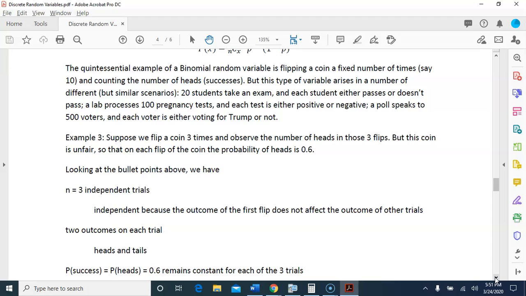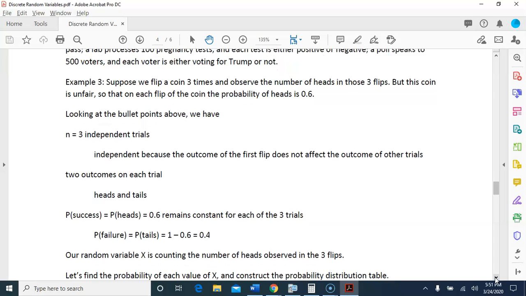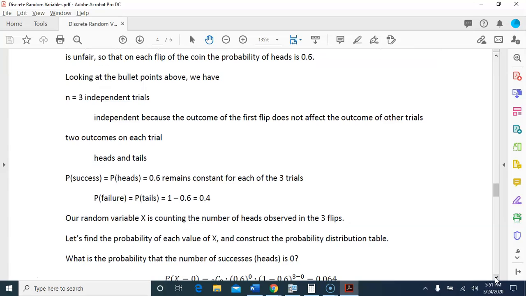Independent because one flip of the coin does not affect the outcome of the other flips of the coin. There's 2 outcomes on each trial or each flip, heads or tails. And the probability of success, which in this case is the probability of heads, is 0.6, and it's going to be 0.6 for each of the 3 flips or each of the 3 trials. And we're counting how many heads we get within the 3 flips.